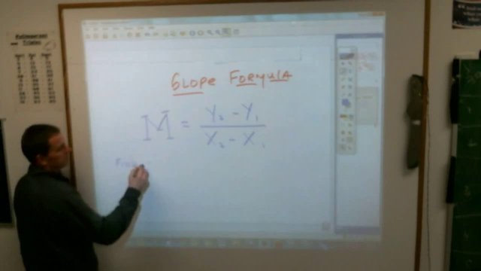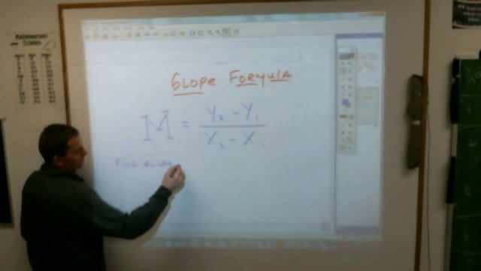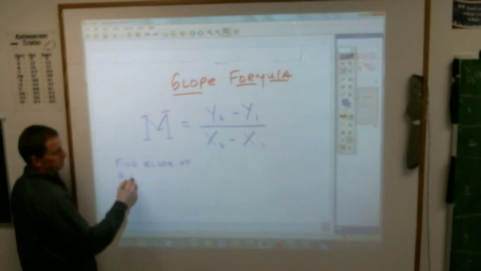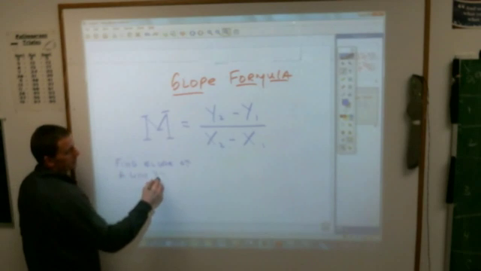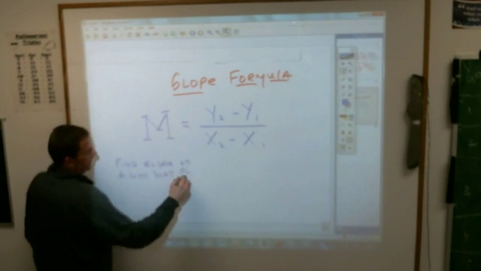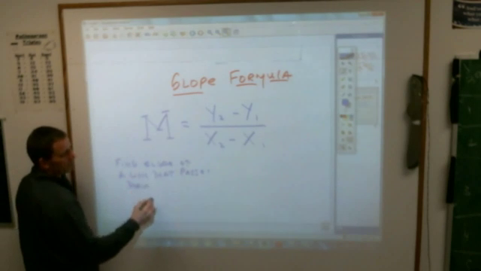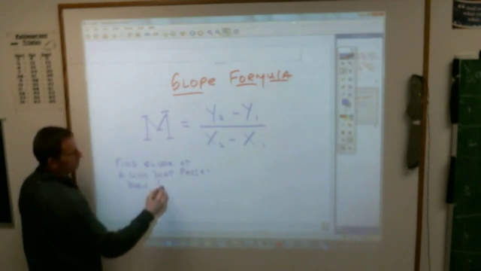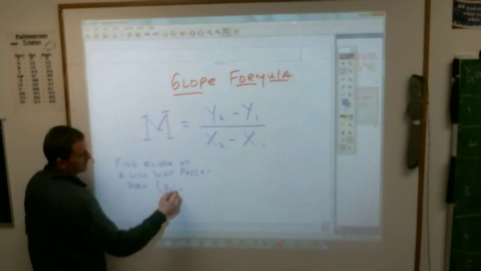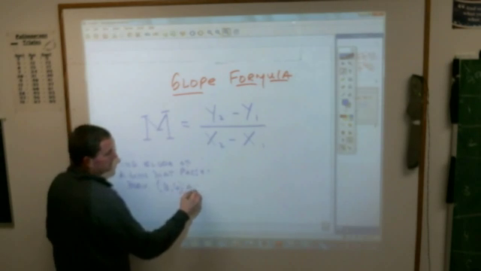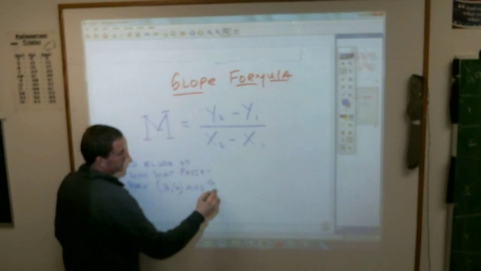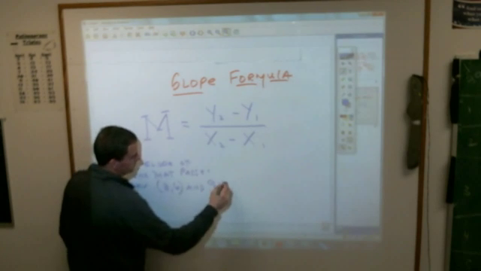Find the slope of a line that passes through the points, let's go, (3, 6) and (9, 2).